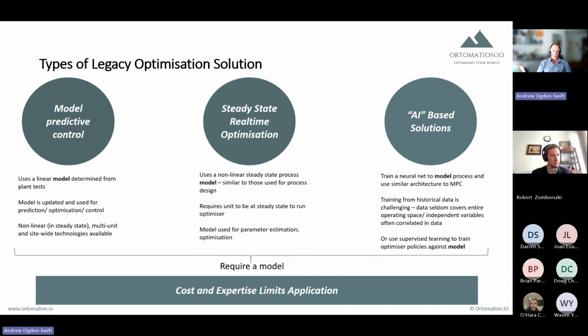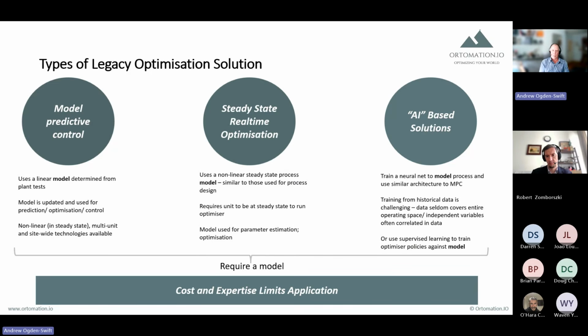And the model is then updated and used to predict the trajectory of the process to steady state, and that's then used in both an optimization step and a control step, where the optimization step determines the optimal steady state value, and the control step determines the next step towards that optimum. Over the last 10 or 20 years, there have been multiple enhancements in this area. You can now get products, for example, GDOT from Aspen Tech, that supports nonlinearity in steady state. You have multi-unit versions and site-wide versions also available.